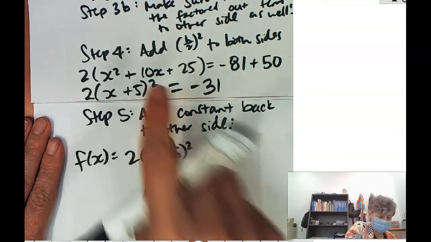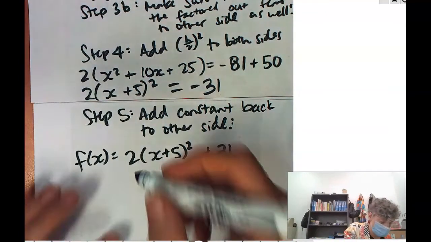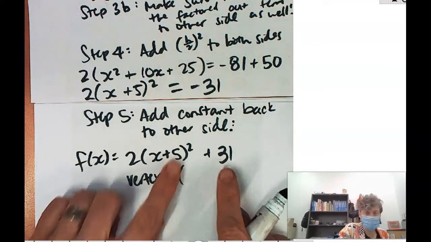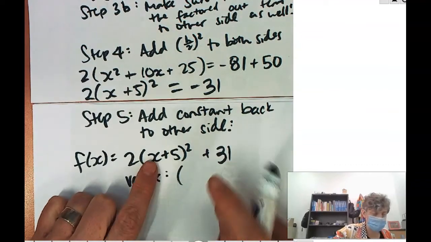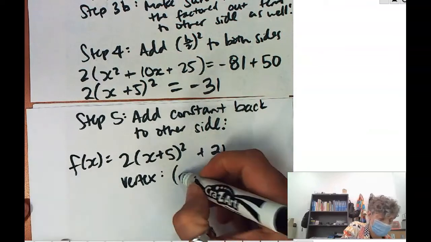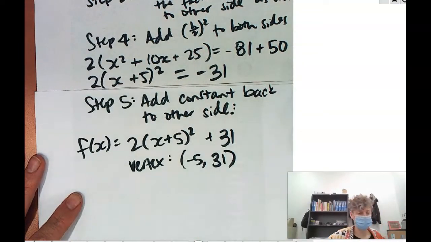This will be positive 31 now. And we're in vertex form. Where's our vertex? Well, that's at h, k. So it's supposed to be x minus h, so x minus negative 5. And k is going to be 31.